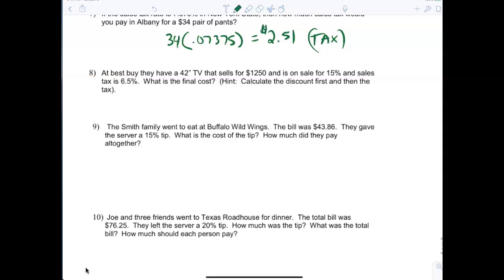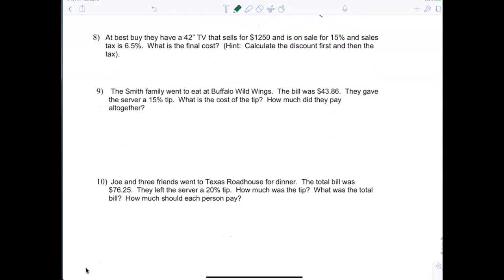So now, please watch what I need you to do up here. Everybody, I want you to understand this. I'm only interested in the final bill, correct? So what was the original cost? The original cost was $1,250. So I need everybody to write down 1,250. Now, what discount do I get? You get a 15%.